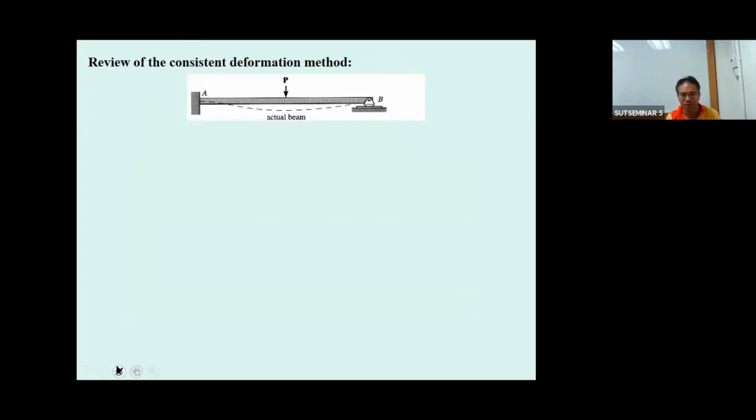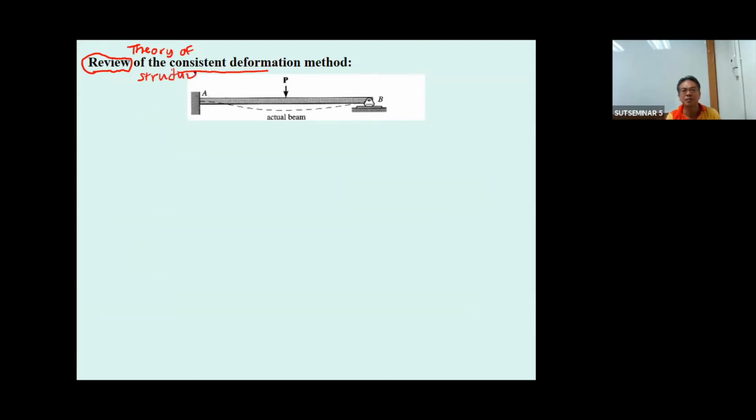Now, we move a little bit further. Review about the consistent deformation. We know this from the theory of structures, the last chapter. Consider this beam.